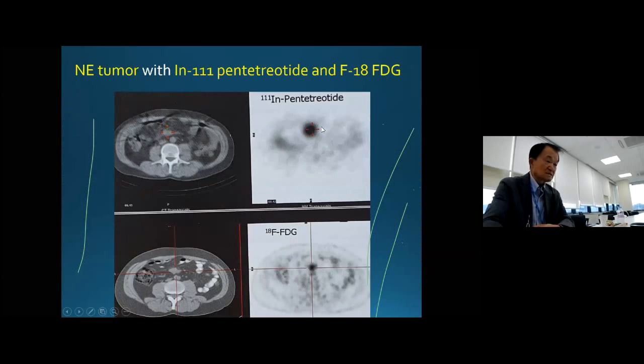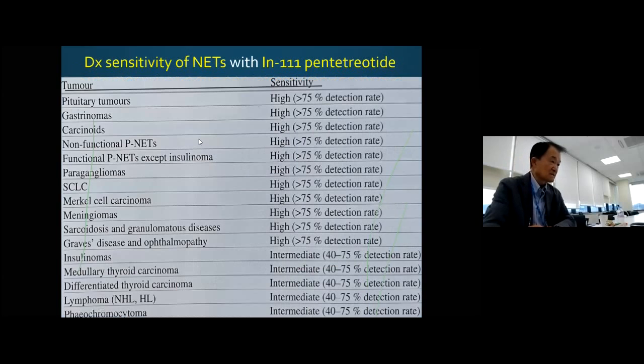So this is the indium octreotide study. FDG shows some, but with a little bit different intensity. But if this becomes a higher grade or less differentiated, then you see intense activity.